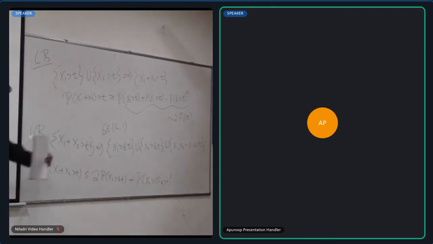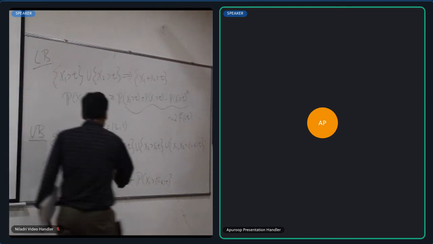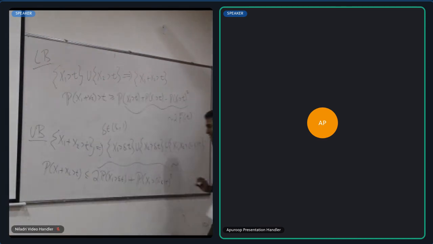Now if you take this upper bound, asymptotically, I'm being a little sloppy with steps here, I hope you're okay with that, this is twice the probability that x1 is greater than delta t. Okay, but you have regular variation, because this term is little o of the first term, right? Because of regular variation, this is just going to be 2 times delta raised to minus alpha times probability x1 greater than t.